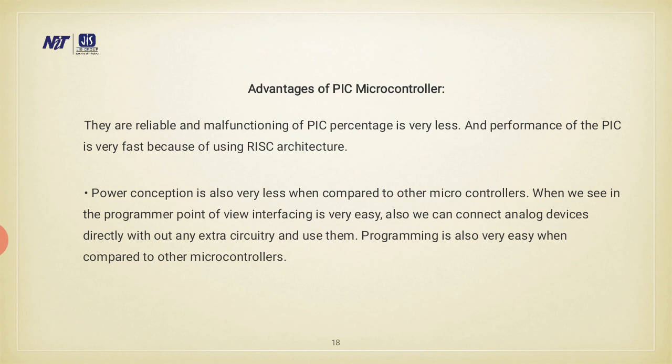Communication protocols: 8051 has UART, USART, SPI, I2C; PIC has UART, USART, LIN, CAN, Ethernet, SPI, I2C; AVR has USART, SPI, I2C, and special purpose AVR supports CAN, USB and Ethernet. Speed: PIC is 4 clocks per instruction cycle, AVR is 1 clock per instruction cycle and ARM is 1 clock per instruction cycle.